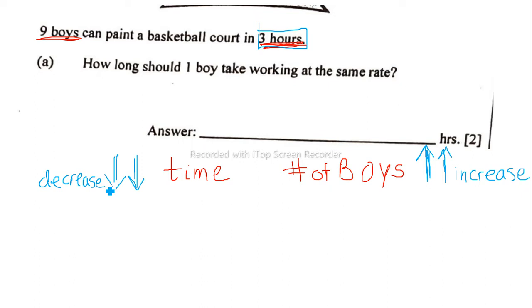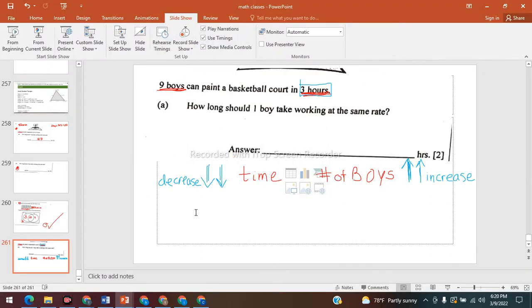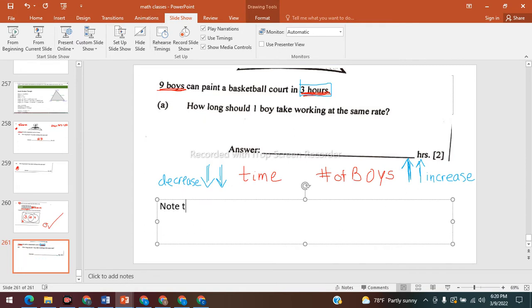So let's put this out. Note that time and the number of boys are inversely related.